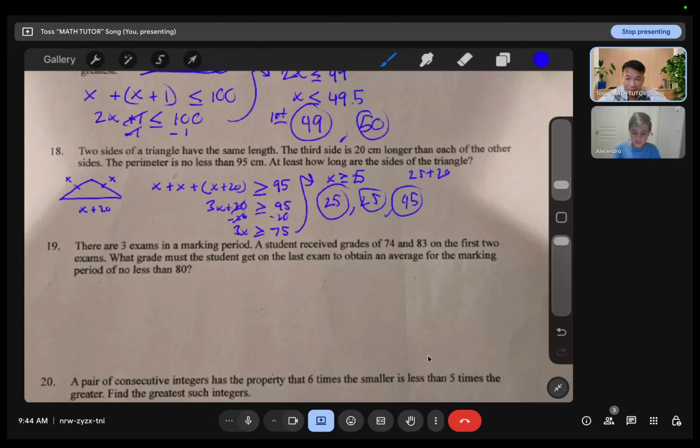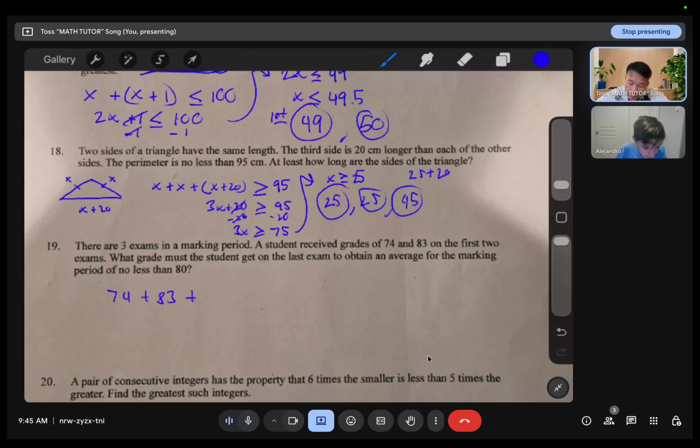All right, 3 exams. You have to make them average no less than 80. Remember, when you average 3 numbers, you add them and divide by 3. With 4 numbers, you add them up and divide by 4. So here it is. The first one, 74. The second one, 83.